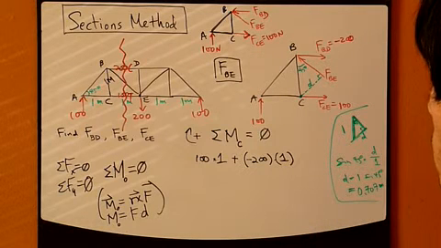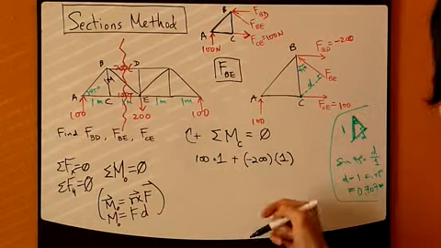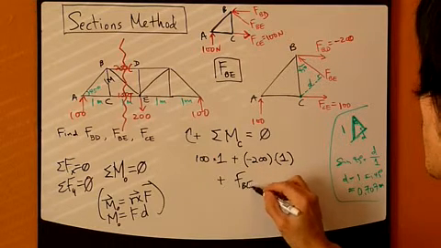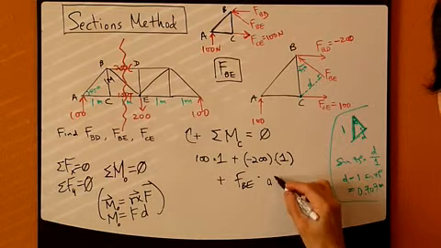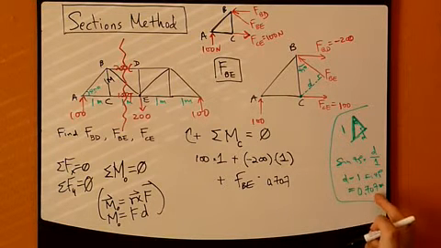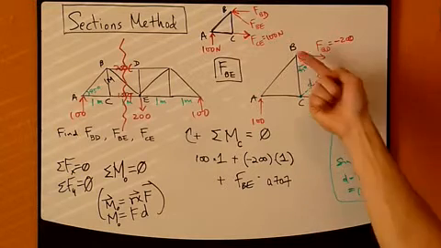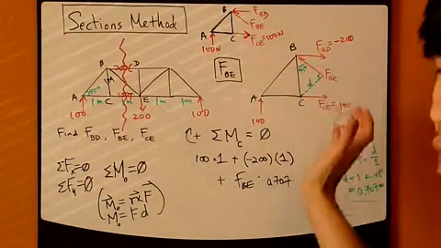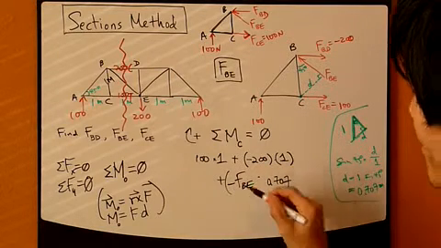Next, BE, that's the unknown. So BE, the unknown force, times D, which is 0.707, of this calculation right here. Positive, negative? Well, BE is assumed to go up this way, so it creates a counterclockwise moment, so negative.